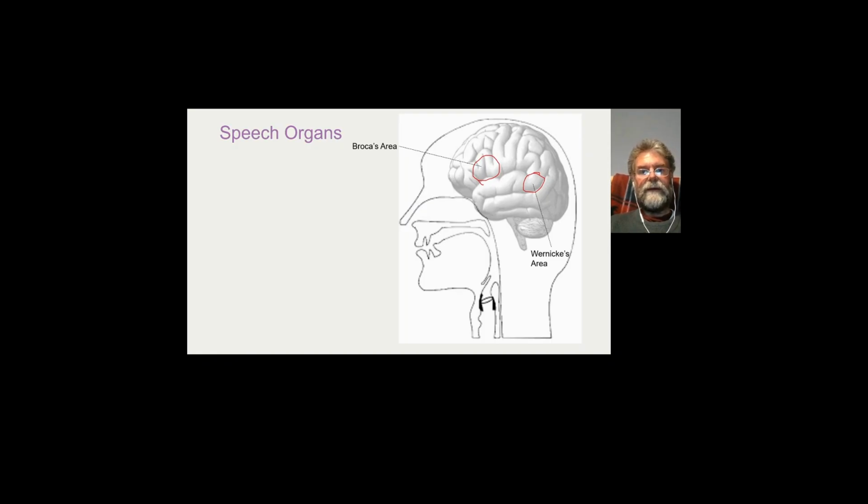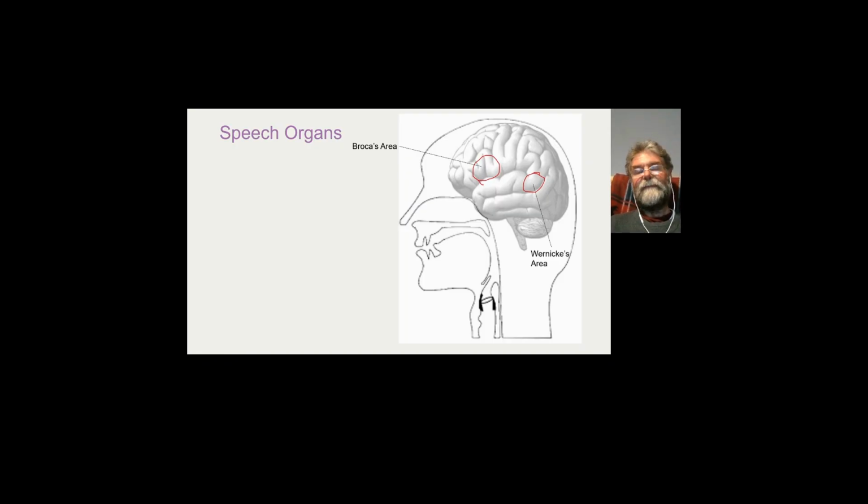So if you get damage to Broca's area, what tends to happen is that the person can understand reasonably well what has been said to them, but they have difficulty in producing fluent language. They stammer and they find it difficult to put words together to form sentences.